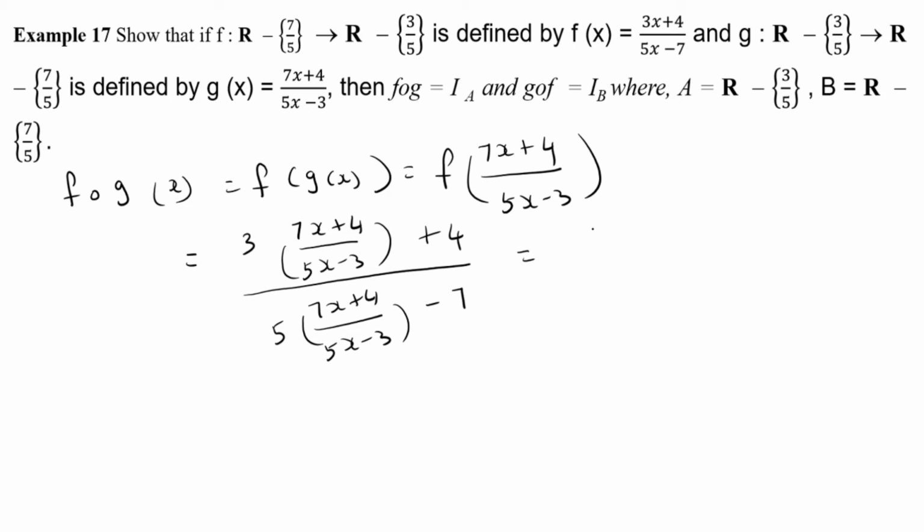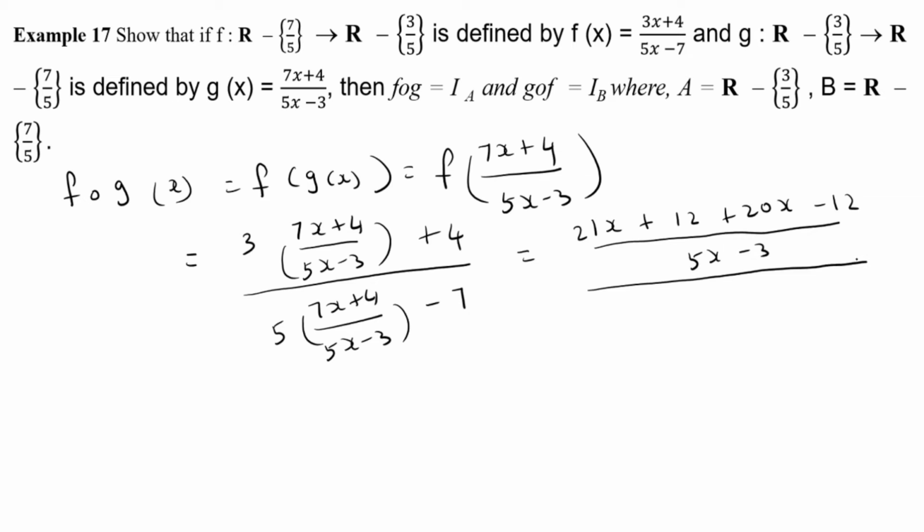So this is equal to, taking LCM and simplifying, 21x plus 12 plus 20x minus 12 divided by 5x minus 3, the whole divided by, taking LCM in the denominator, 35x plus 20 minus 35x plus 21 divided by 5x minus 3.